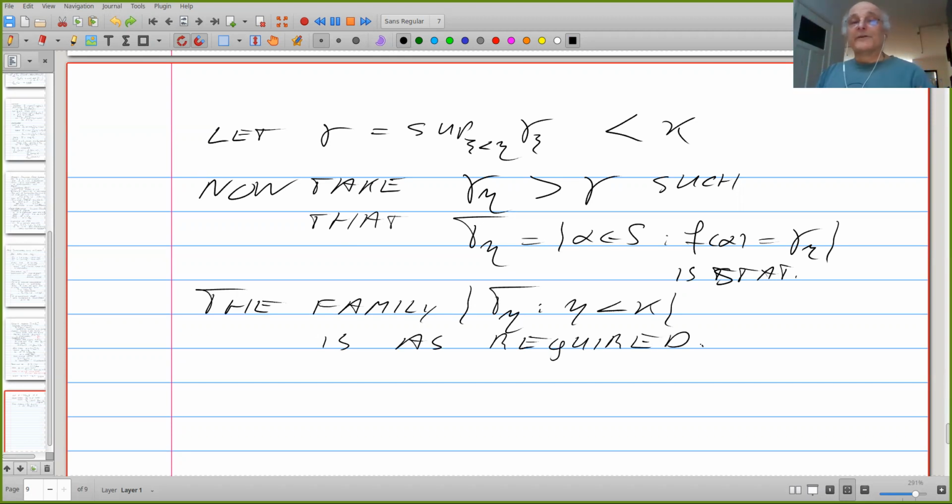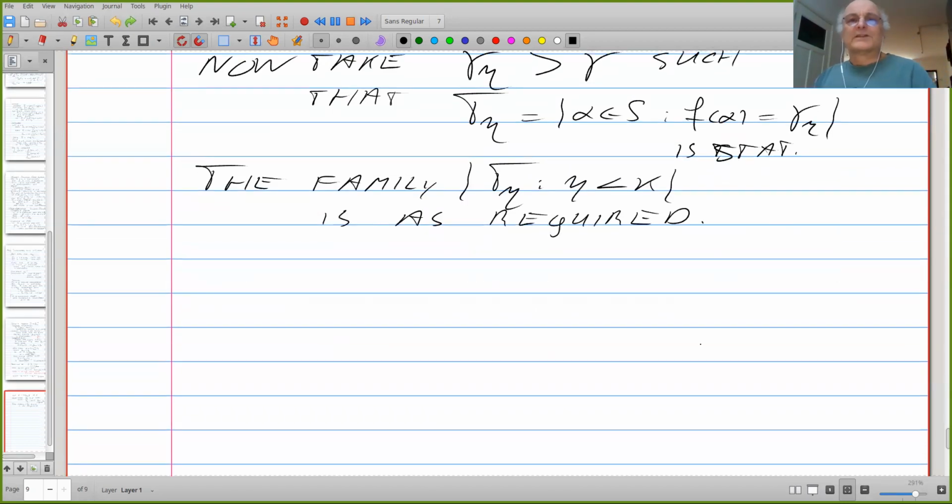Well, the function f is constant on every t eta, and it's constant with different values for different t etas, and so the t etas are disjoint. They are stationary because we found them to be stationary, and there you have it.